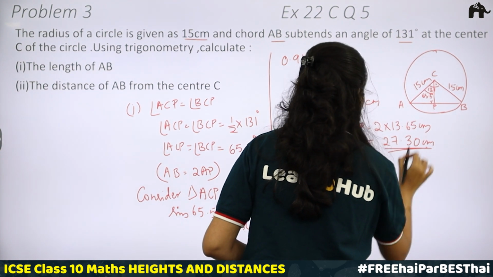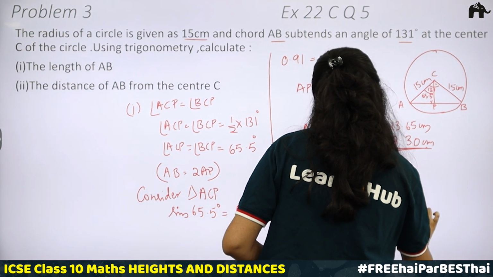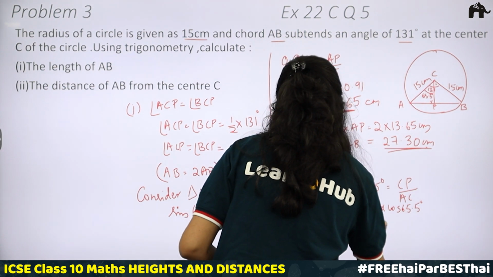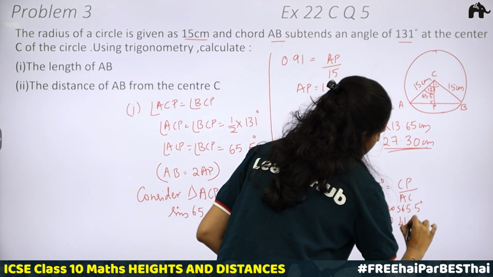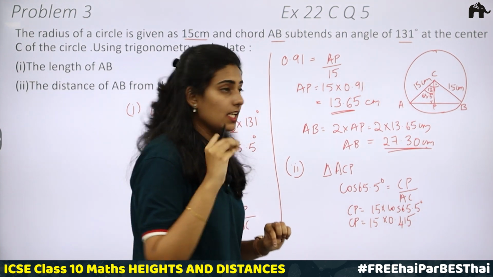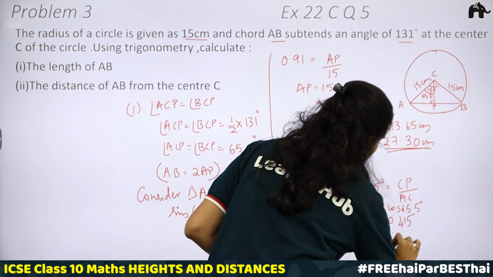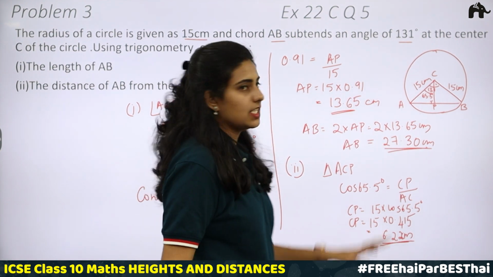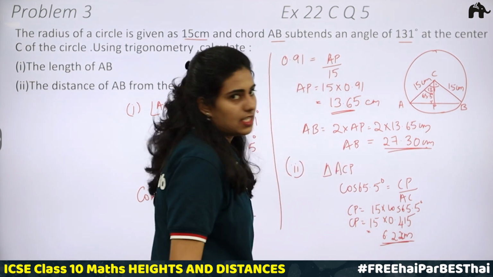And CP will be equal to AC, 15 into cos of 65.5 degree, 65 degree 30 minutes. When you check the value, you will be getting CP equal to 15 into 0.415, the value of cos 65 degree 30 minutes. When you multiply, you will be getting the final answer 6.22 centimeters. CP, that is the distance, will be equal to 6.22 centimeters.